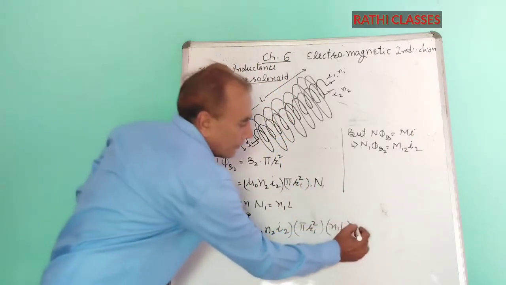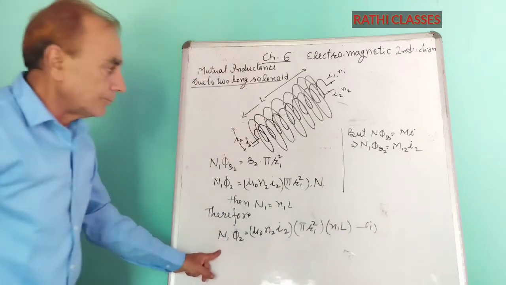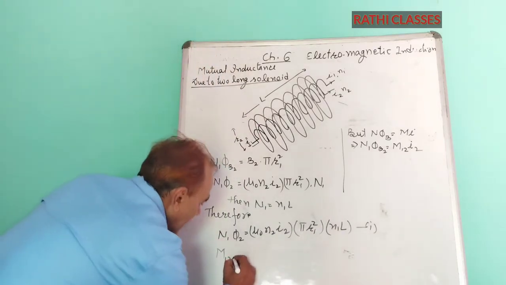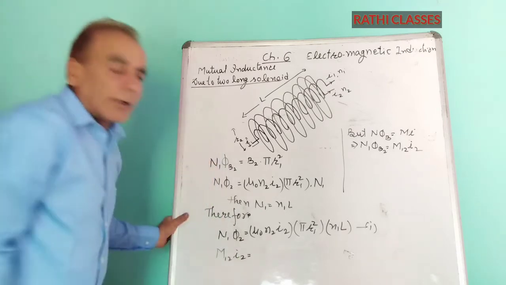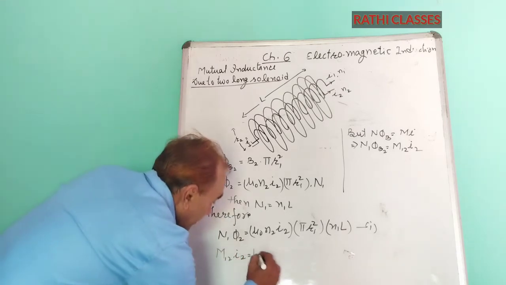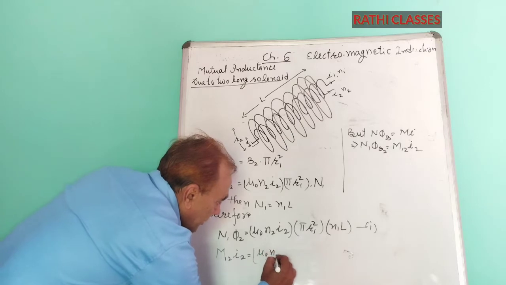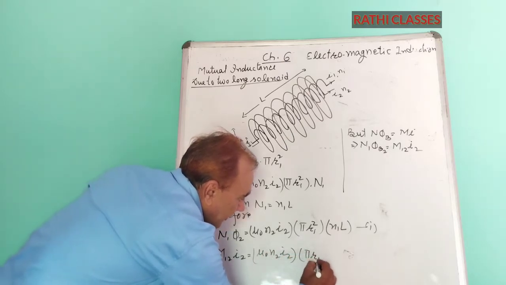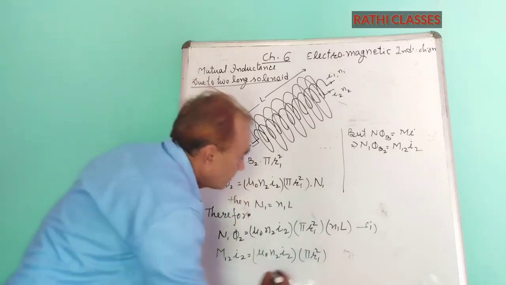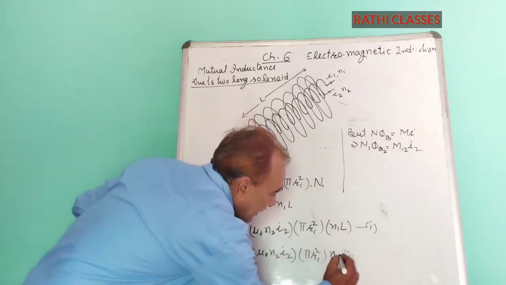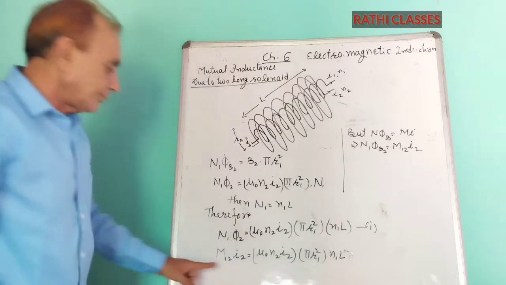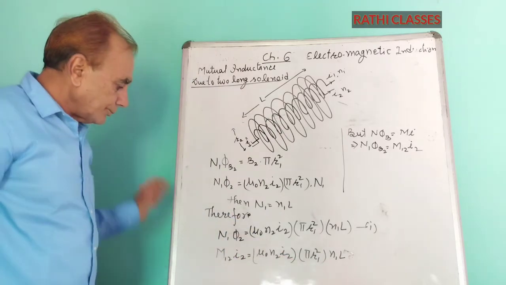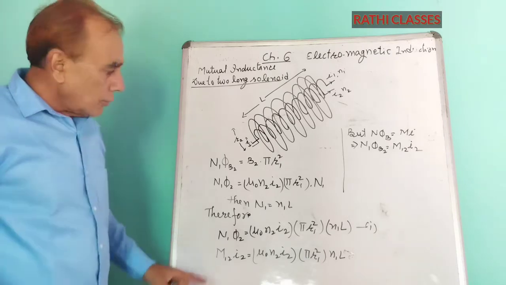Therefore, putting in first, M12 I2 is equal to mu naught n2 I2 pi R1 square n1 L. It becomes the mutual inductance.